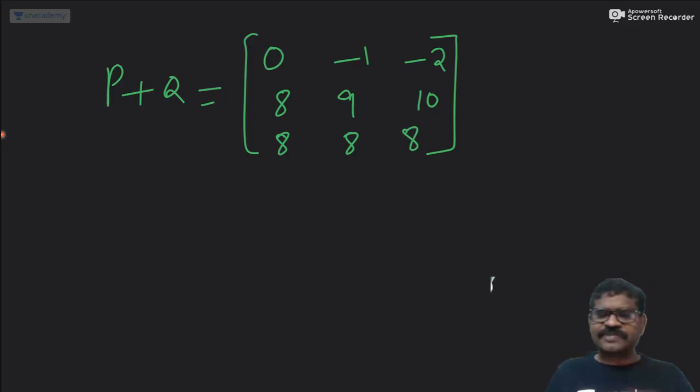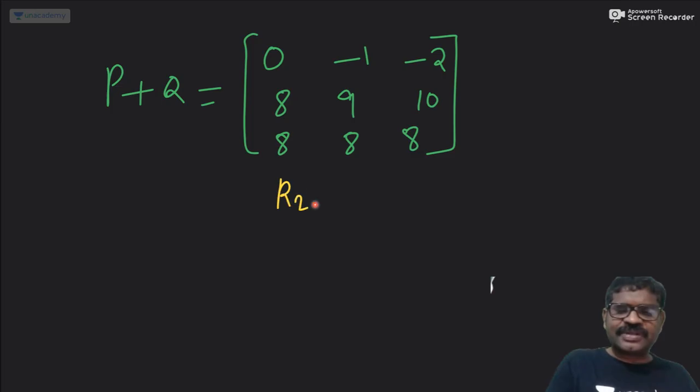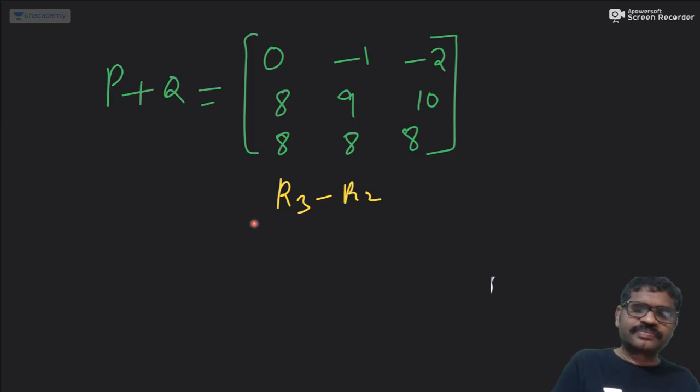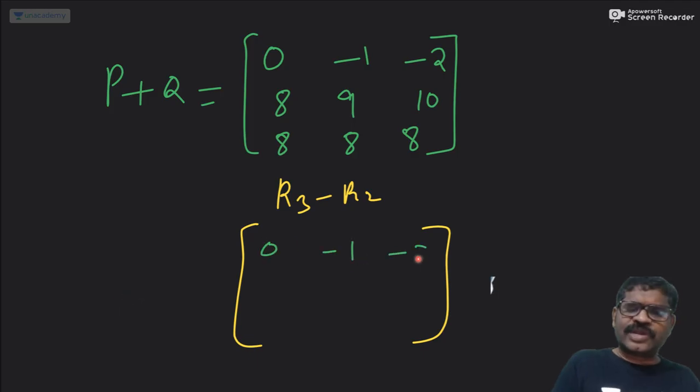Now apply the operation R3 minus R2: 0, minus 1, minus 2; 8, 9, 10; 8 minus 8, 0; 8 minus 9, minus 1; 8 minus 10, minus 2.